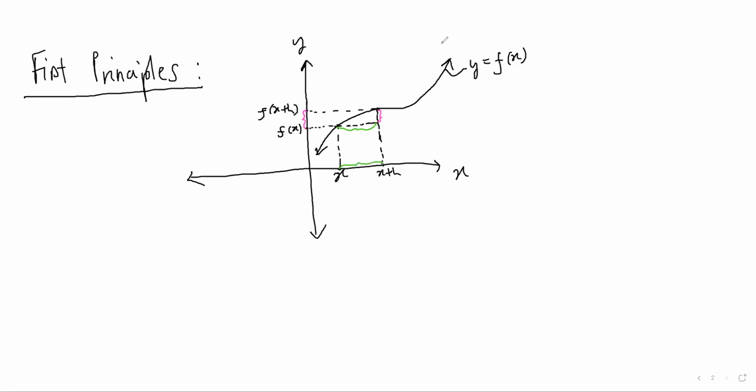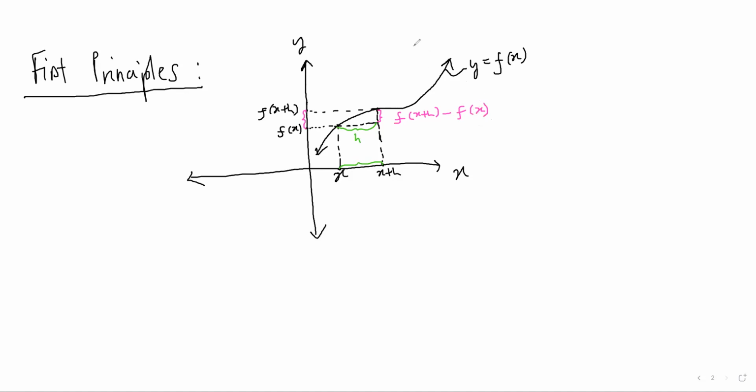So these distances are the same, and the one in green is h, and the one in purple is given by f of x plus h minus f of x. So that's what gives you these distances.